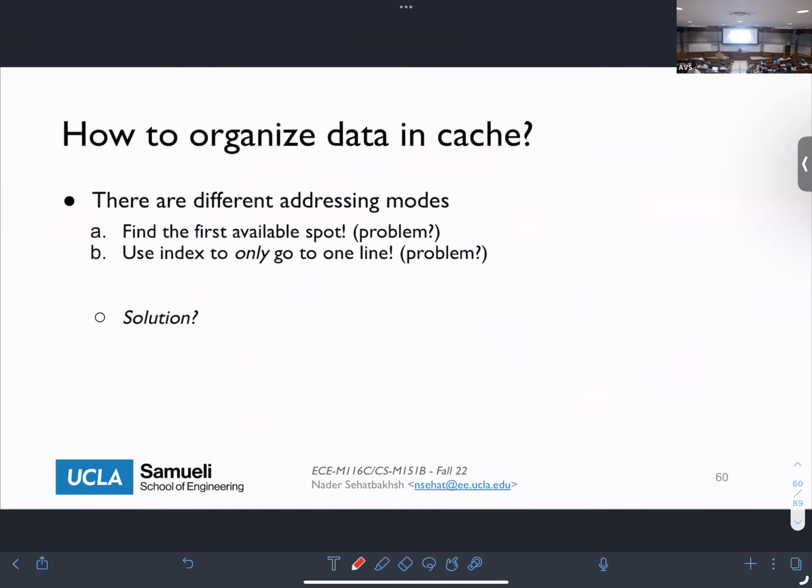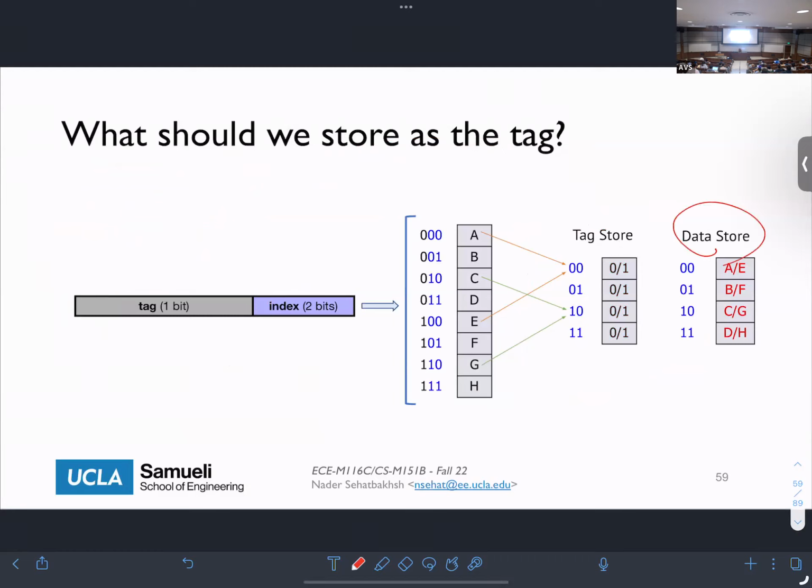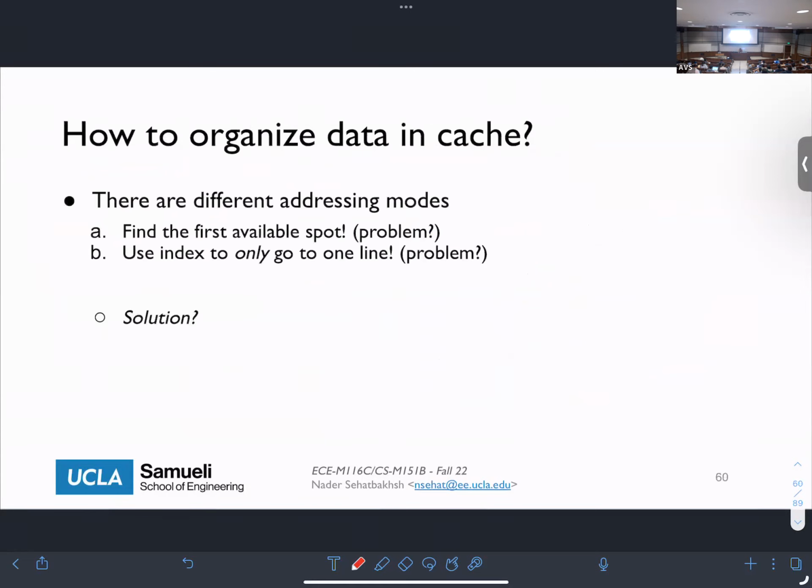All right, so this is our tag, and this is our data store. Inside our data store, that's where we actually store these values, okay? Now that we know this, there are two main ways we can organize our tags in our data store.